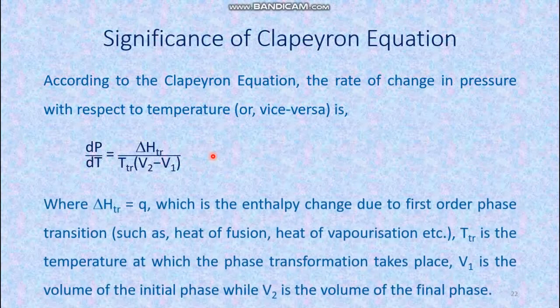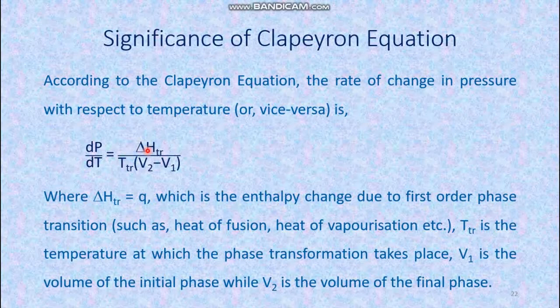So here delta H transformation is nothing but Q, which is the enthalpy change due to a first order phase transition. These phase transitions are first order phase transitions because they involve latent heat. If there is no latent heat involvement, then they are second order phase transformations.